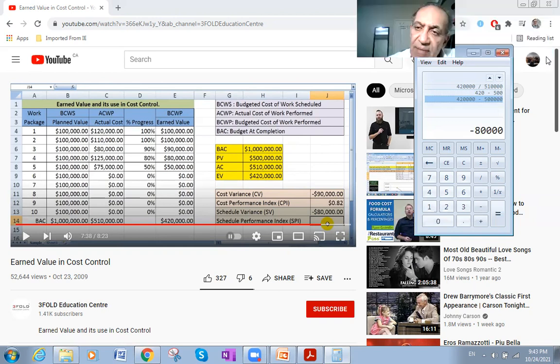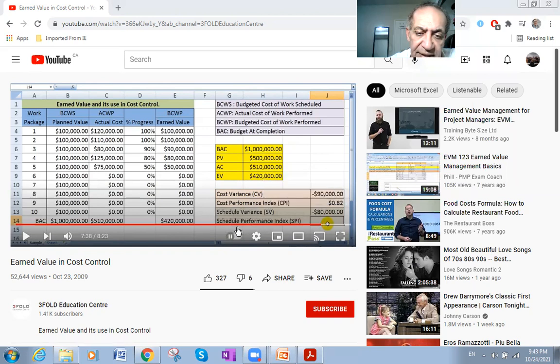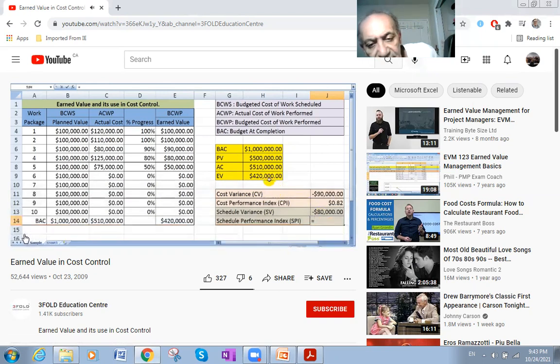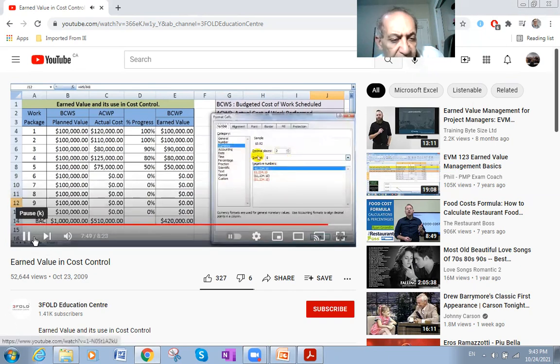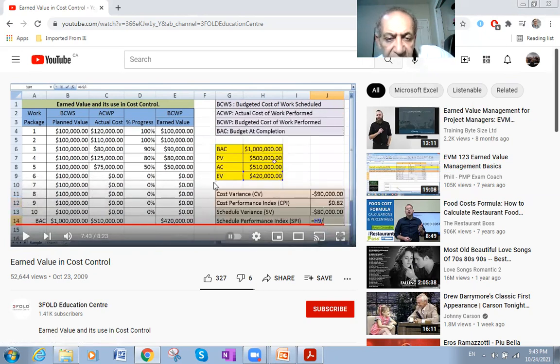Then the final step is to calculate the schedule performance index. What is the schedule performance index? Earned value divided by planned value. So he used the earned value again, but divided by planned value. He will divide 420 not by 510, but by 500, like we see here.